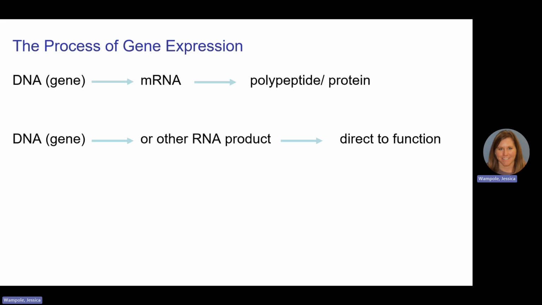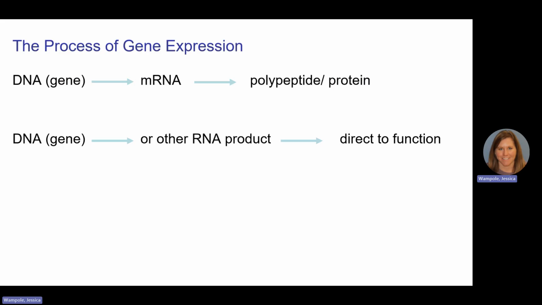Now we consider the process of gene expression in one of two ways. One is gene to polypeptide or functional protein, and the other is gene to an RNA with a specific function, because all of those RNA molecules that I showed you on that previous slide, they don't go through that last step of building a protein.